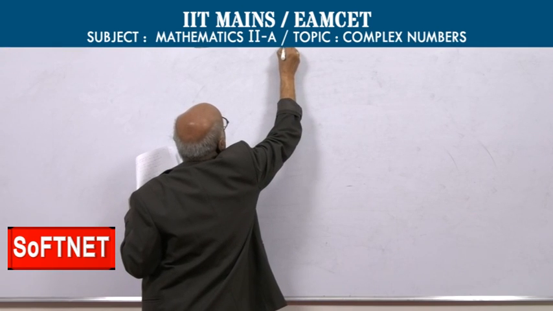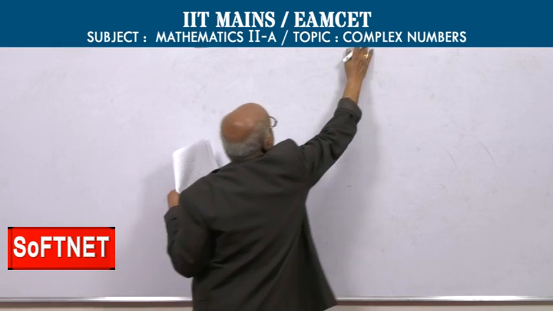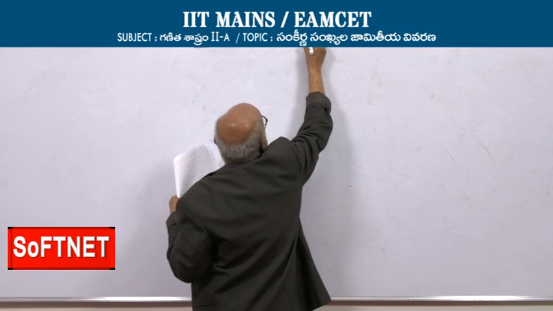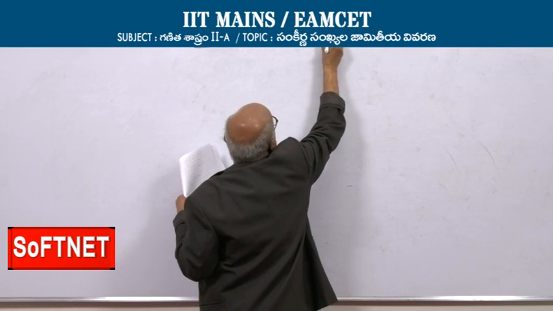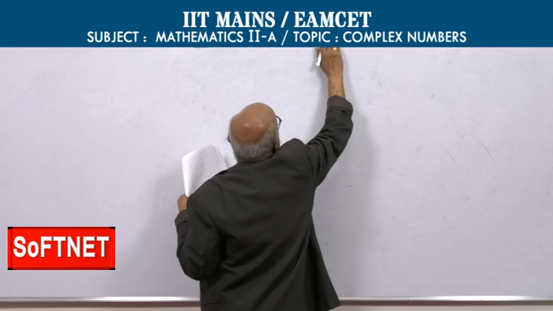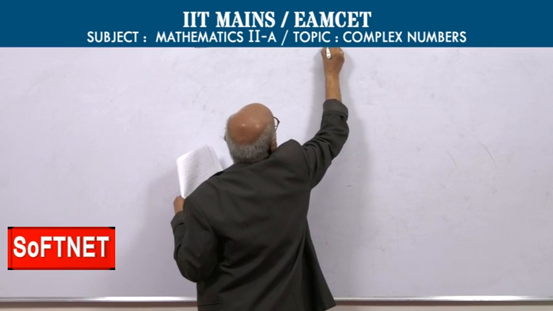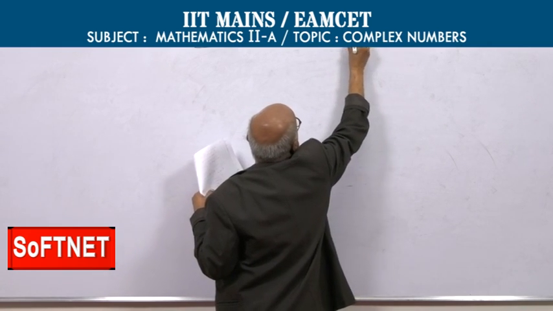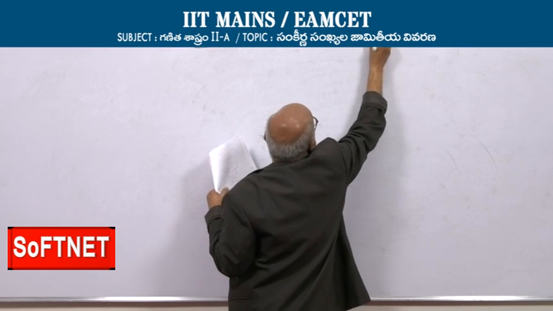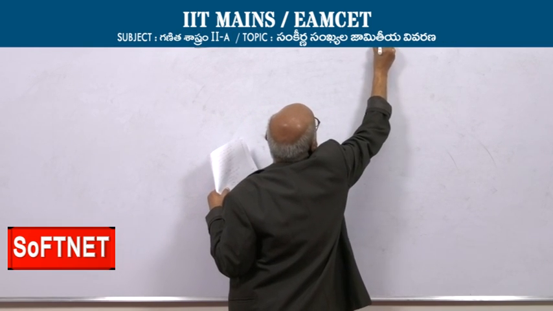Xk is equal to cos pi by 3 power k plus i sin pi by 3 power k.